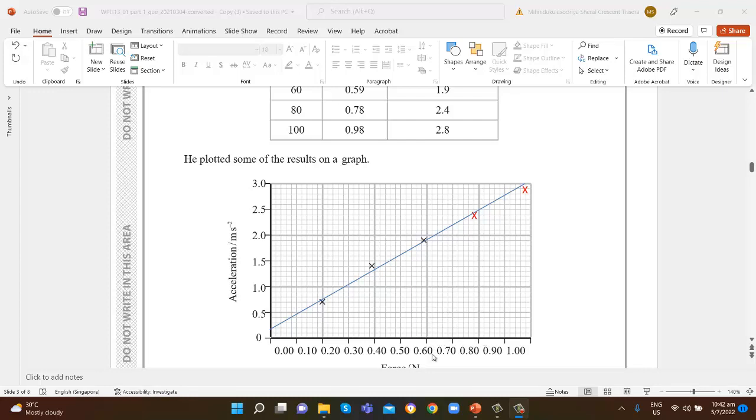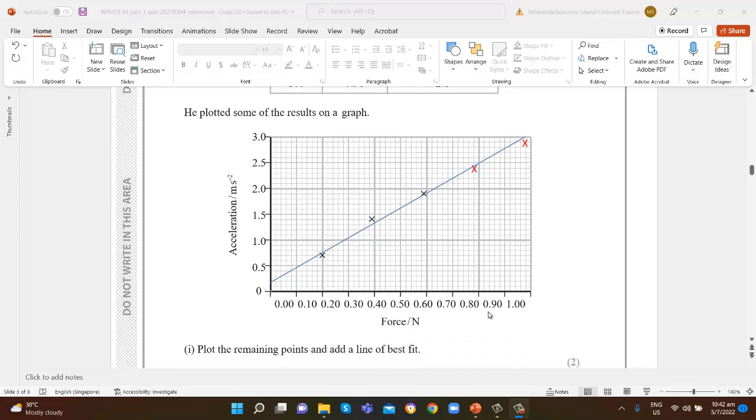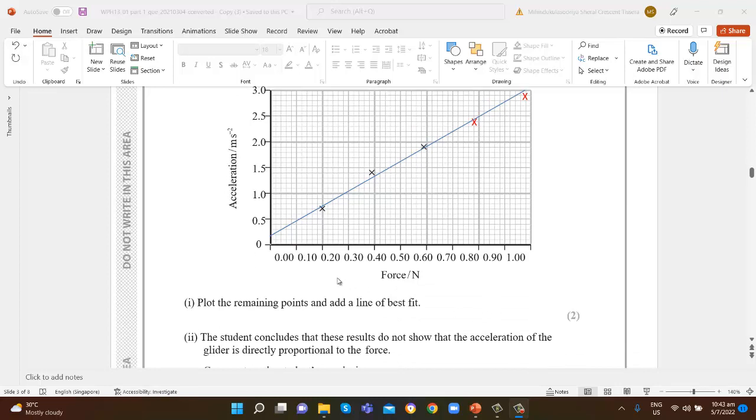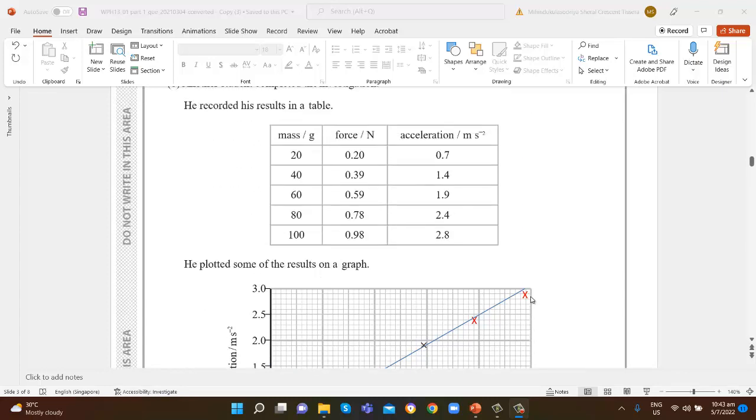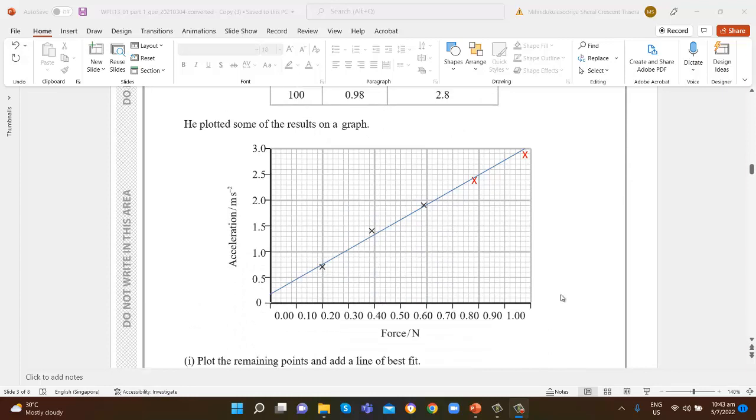So 10 parts equals 0.2, then 1 part is 0.2 divided by 10, that is 0.02. So you know the value of 1 part, and likewise you can measure all the other points. Here also it is the same, every time you should know the value of 1 square. Then it is easy to plot. First you have to take the x value, then go to the y value. So first, force is in your x direction.